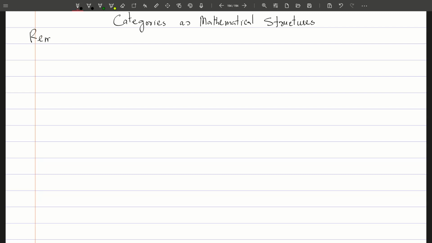So we have a remark, and it says that the objects of a category need not be remotely like sets.